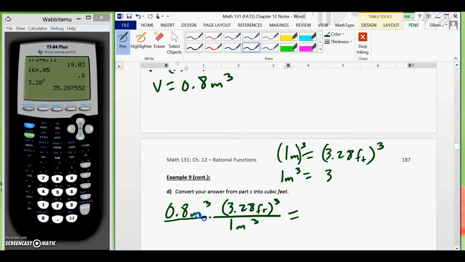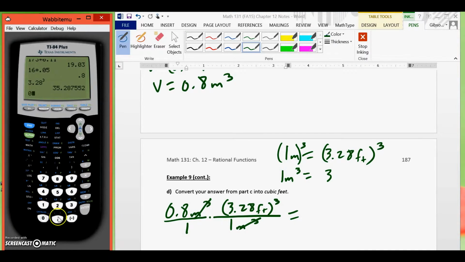So now, we would simplify out the meters cubed. We put this over 1. And then we would take our calculator. We would take 0.8 times 3.28 to the third power.